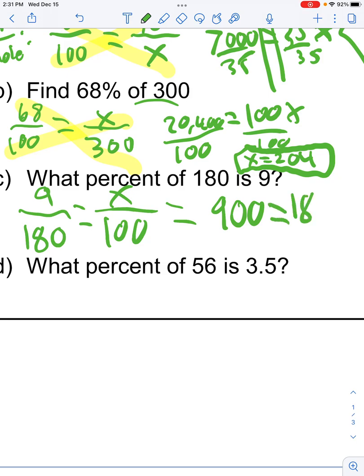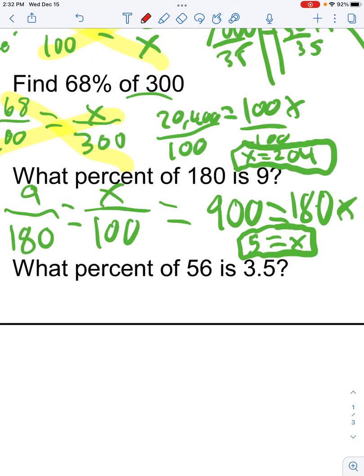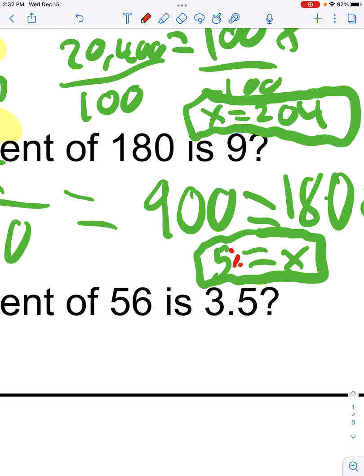So when I cross multiply, I get 900 equals 180x. And when you divide by 180 on both sides, you get 5 equals x. So what percent of 180 is 9? 5, and I'm going to add in 5%.